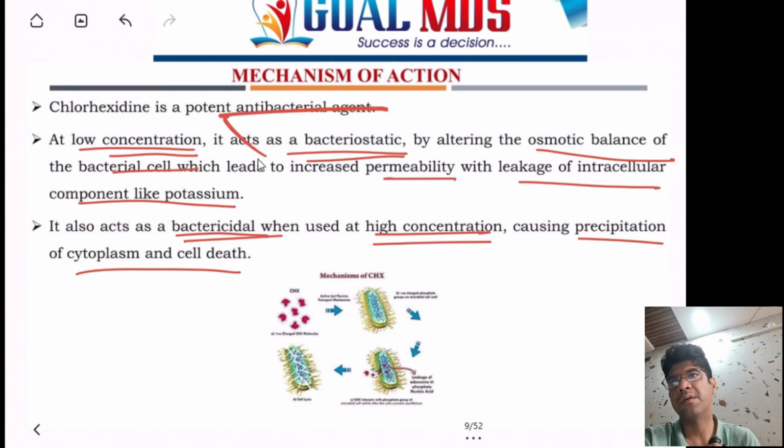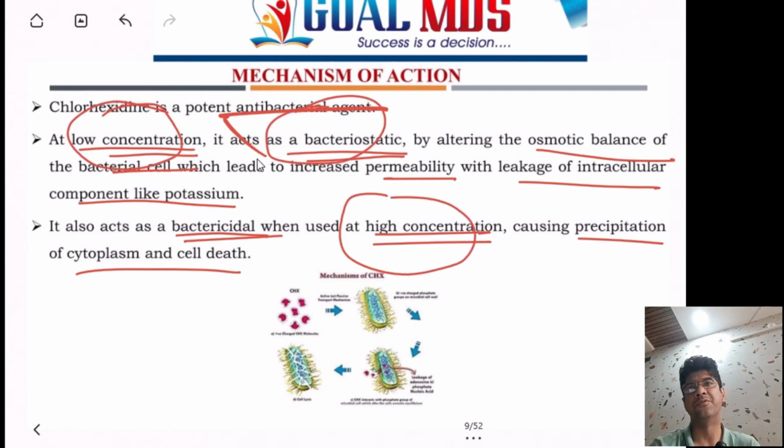So in low concentration, remember, it acts as a bacteriostatic agent. In low concentration it is bacteriostatic, and in high concentration it is bactericidal. The mode of action is that it acts as a bactericidal by causing precipitation of cytoplasm and cell death.